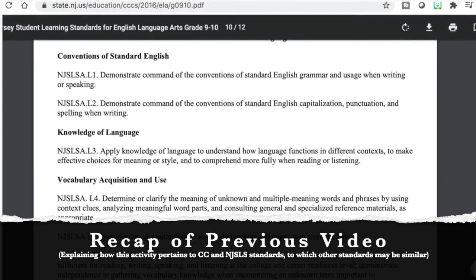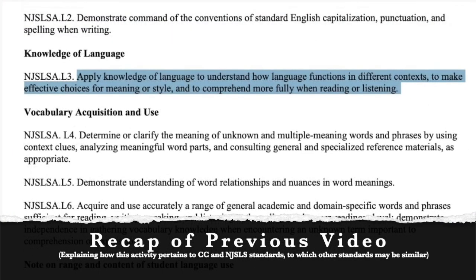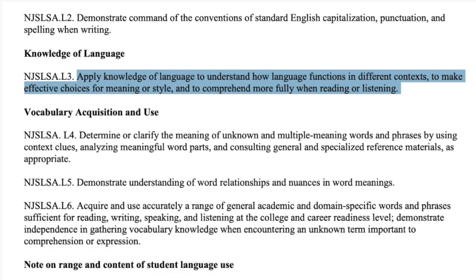This pertains to the third standard for language outlined by the Common Core and New Jersey State Learning Standards for English, as you will be applying knowledge of language to make effective choices to write lines of code so that the game engine can accurately provide instructions to the different elements of your game. As such, there is ample room for teaching coding within the realm of language arts.